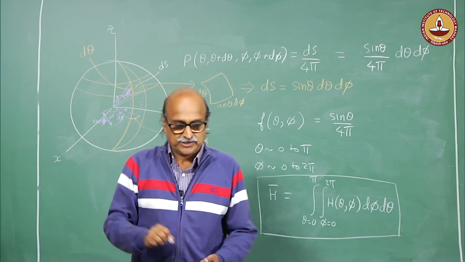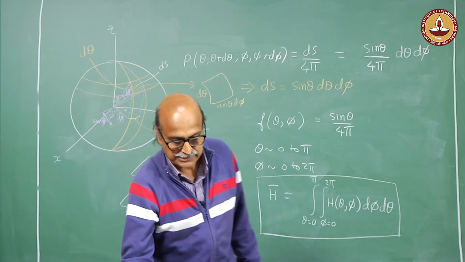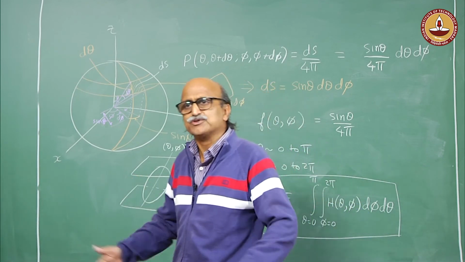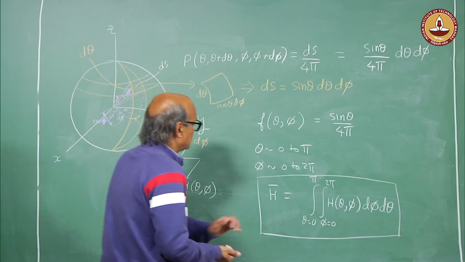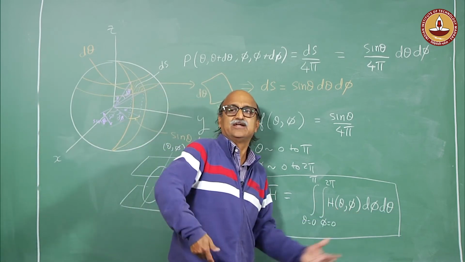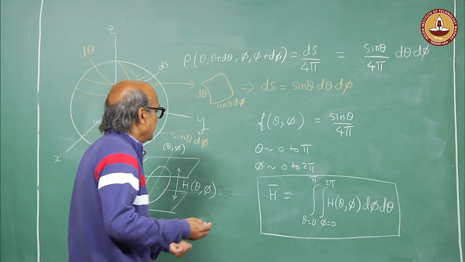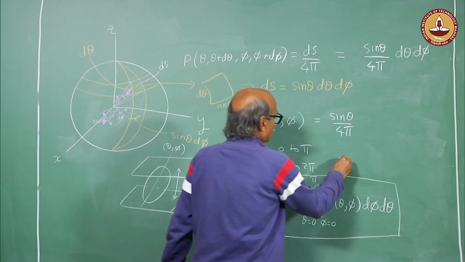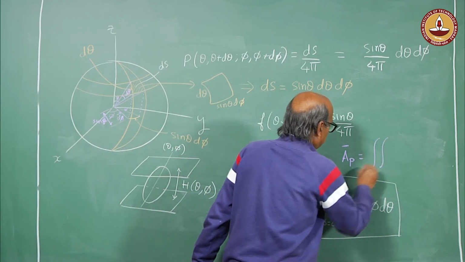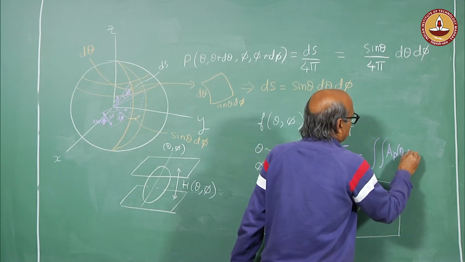So, we have written down the functions by which we can get the mean tangent diameter. Similarly, for projected area, I will simply be replacing h theta phi by projected area as a function of theta and phi. Okay. That would give me the average projected area. So, if I want to get A p bar, then it will be again double integral A p as a function of theta phi.